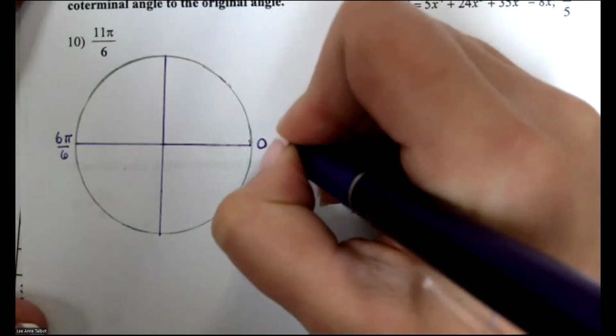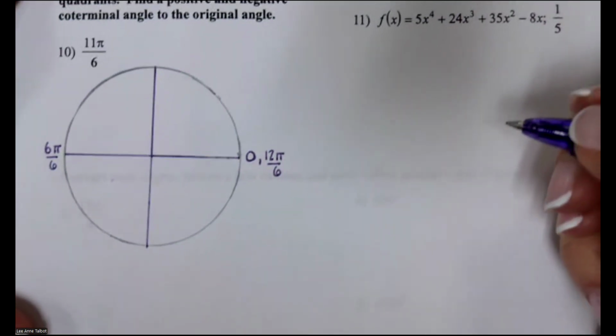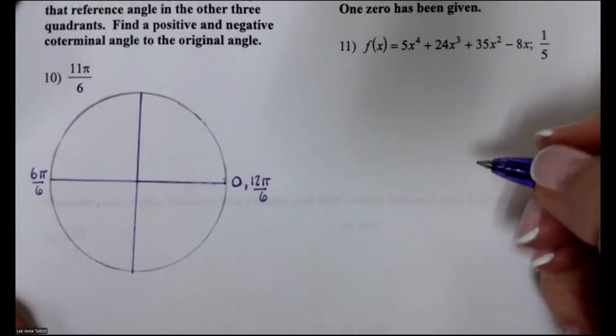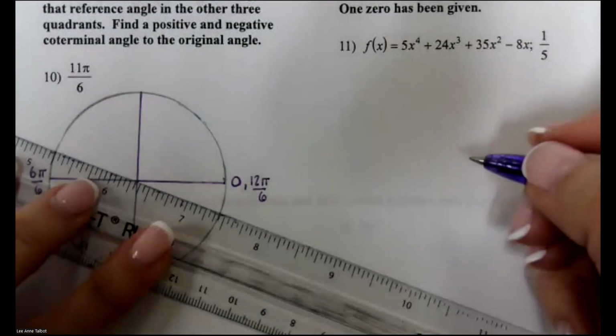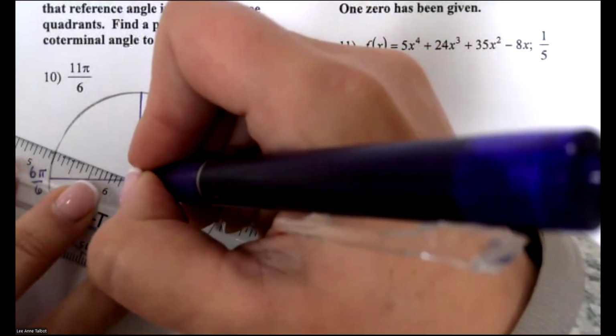Okay, so 0, 6 pi over 6, 12 pi over 6. And I know 11 pi over 6 is going to be right before 12 pi over 6.